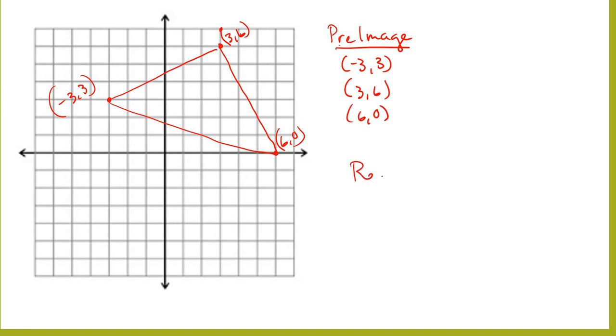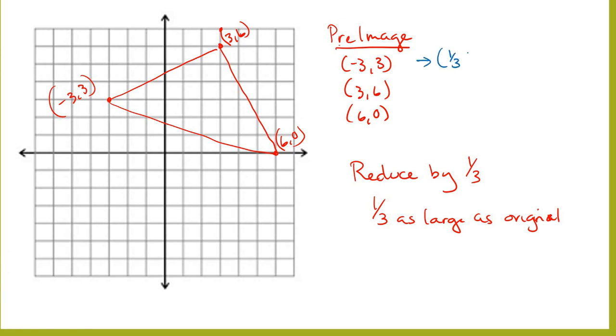And I want to reduce this by 1/3. In other words, I want to make this 1/3 as large as the original. So to get my image, I'm going to multiply by 1/3.